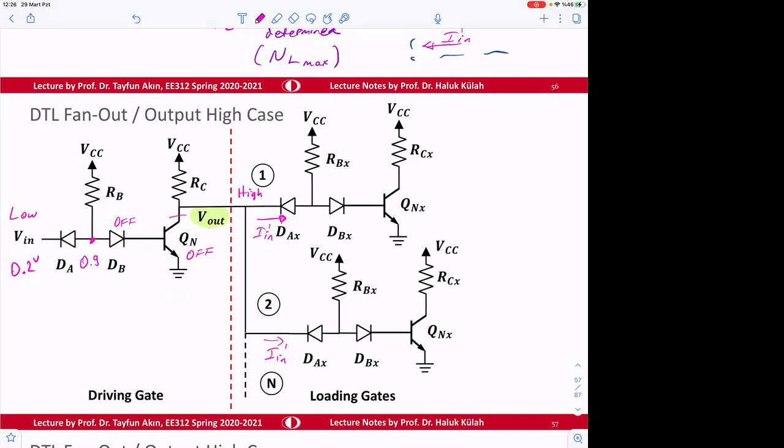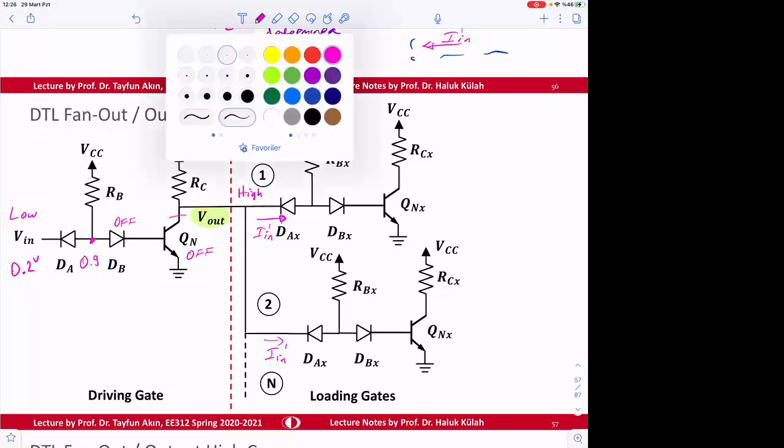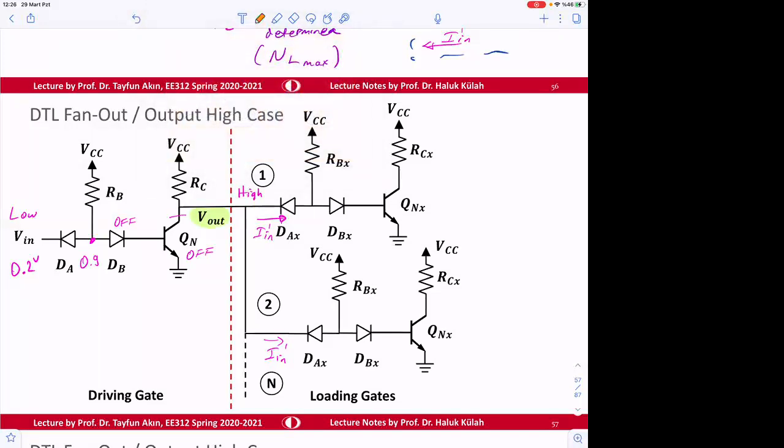That means there needs to be current from here. But is it possible to have a current to the diode in this direction? Very small. Yeah, it's negligible.